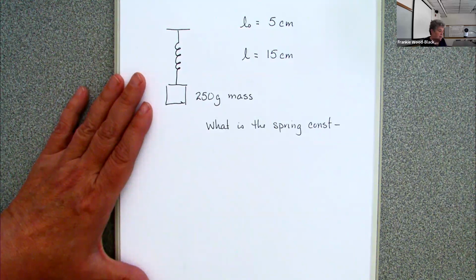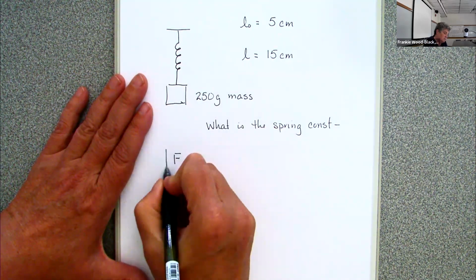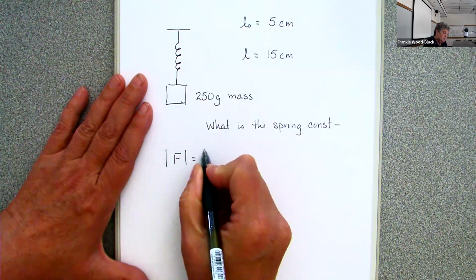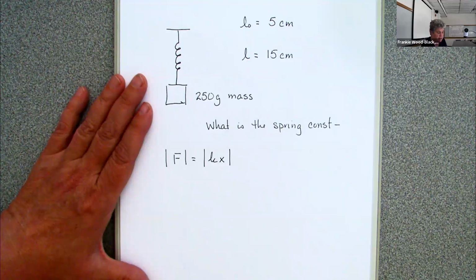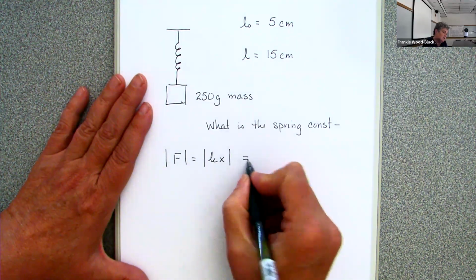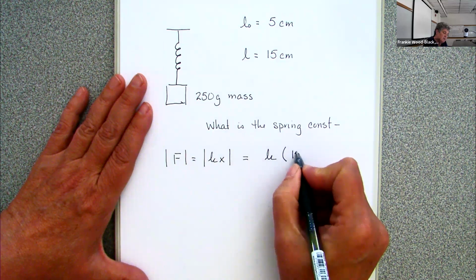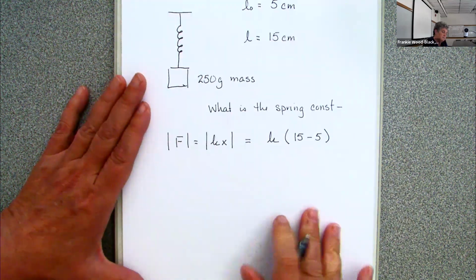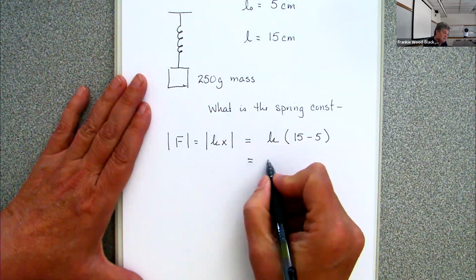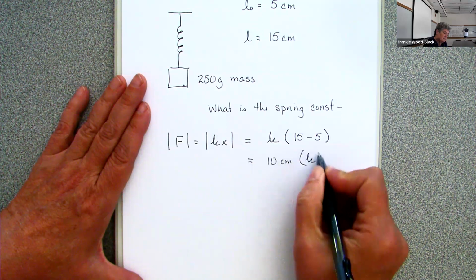So we'll do that. So the magnitude of my force is going to equal the magnitude of the spring constant times my stretch. So this is going to be k, and this is going to be 15 minus 5. So this is going to give me 10 centimeters times my spring constant.